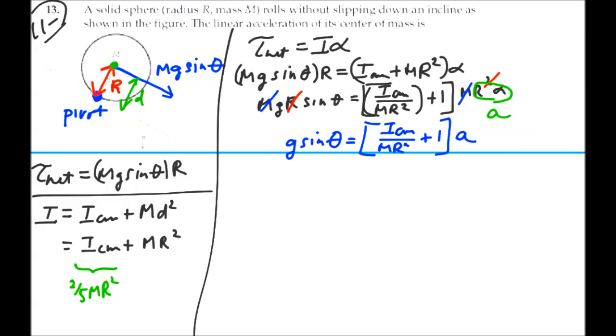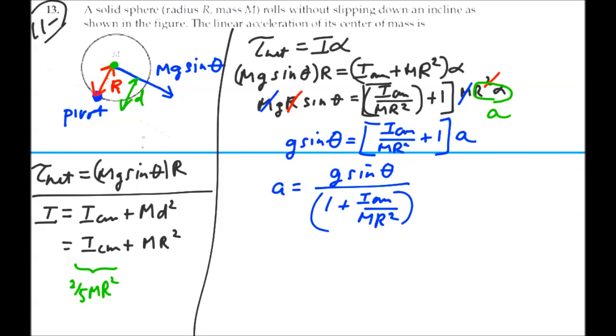Or the linear acceleration is equal to g sine theta divided by 1 plus the moment of inertia about the center of mass divided by mr squared. That's our result in general for a rolling object going down the incline. We can use this for several problems yet to come.